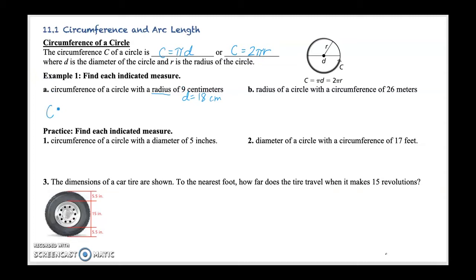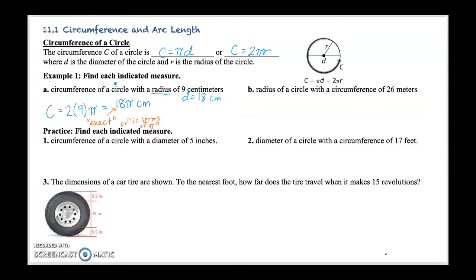So circumference is equal to 2 times the radius of 9 times pi, and that would give me 18 pi centimeters. Now it's worth noting that 18 pi centimeters is the exact circumference. So if it says exact circumference, or if it said something like leave your answer in terms of pi, this would be the answer that we would use.